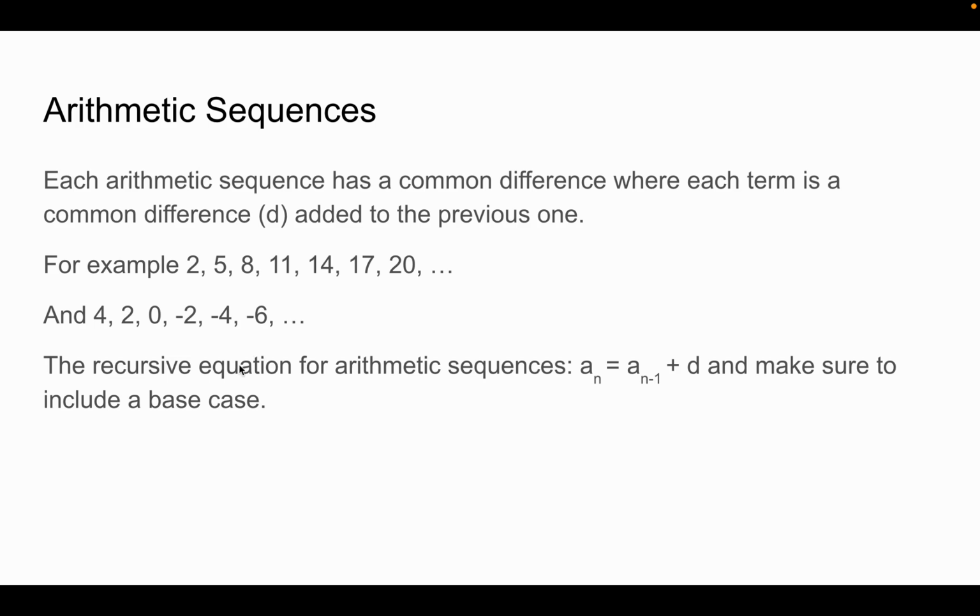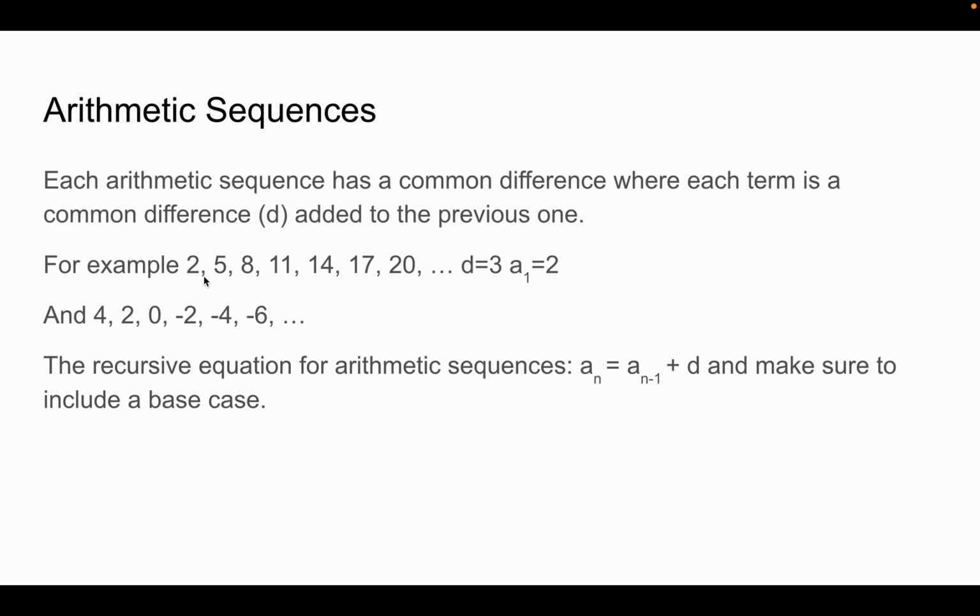So let's create a recursive equation for the first sequence. First we have to find d, and d is just any of these terms minus the previous one. So 14 minus 11 is 3. We also have to find a1, which is just the very first term, and that's 2.